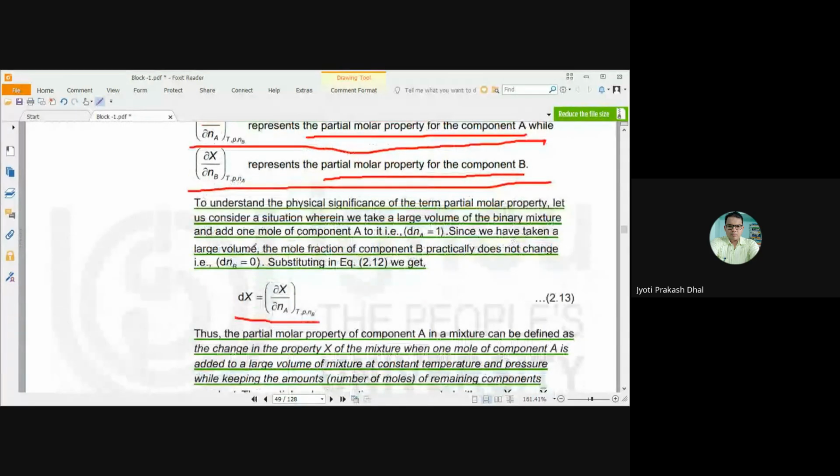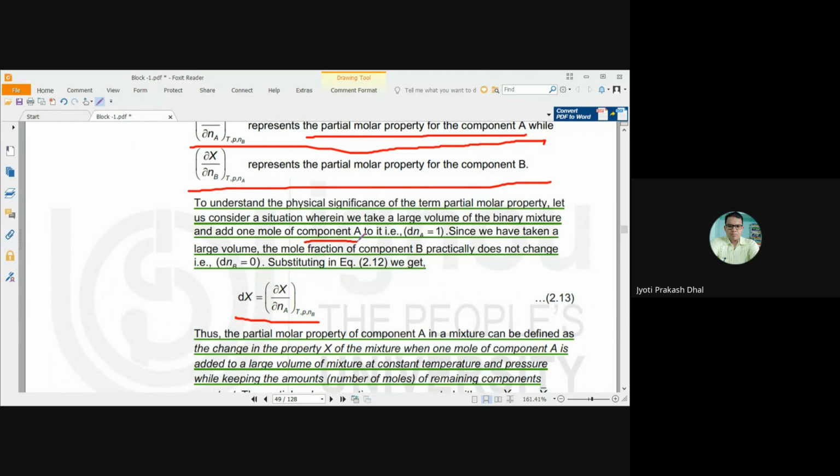Now, to understand the physical significance of partial molar property, let us consider the situation where we take a large volume of a binary mixture and add 1 mole of a component. So here we have taken a large volume of a binary mixture A plus B. To that system, we add 1 mole of component A. That means you have changed only the number of moles of A, keeping the number of moles of B constant.